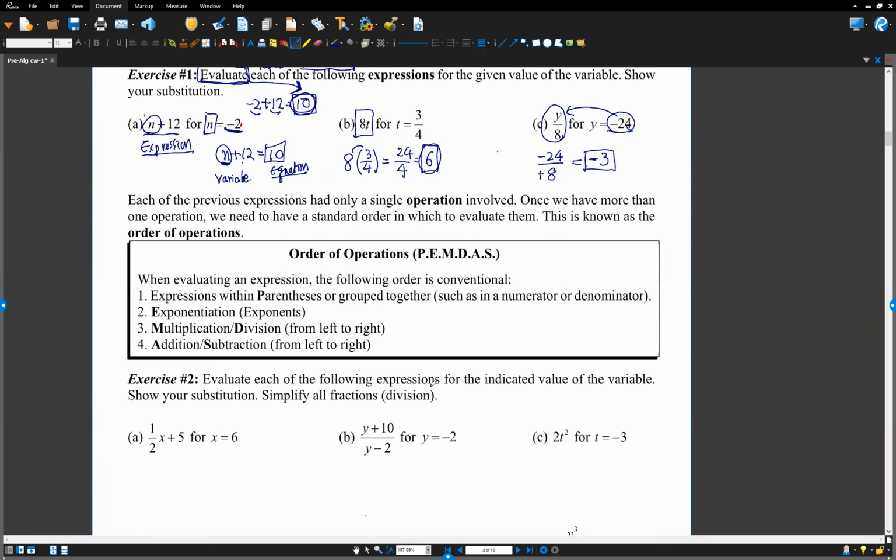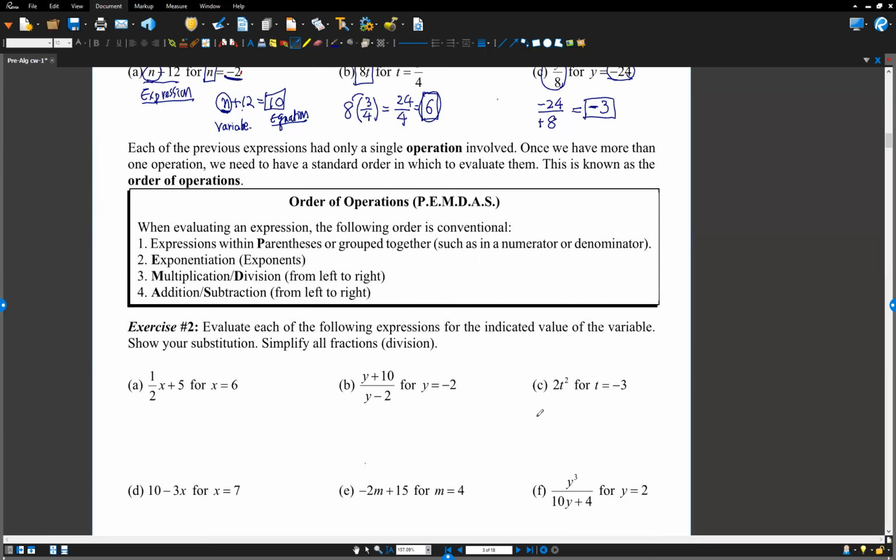Now, you're going to evaluate. We're not going to do everything, okay? We're going to try number A, number B, and number E. One more, number F. Everybody try number A first. We have algebraic expressions.